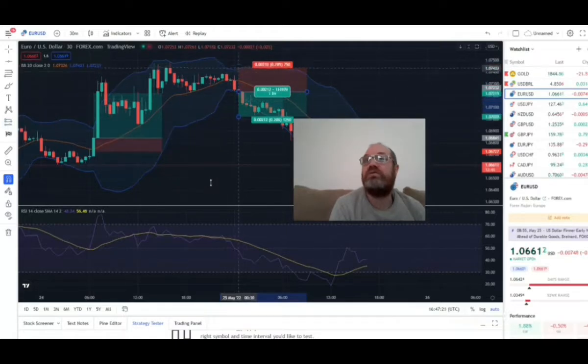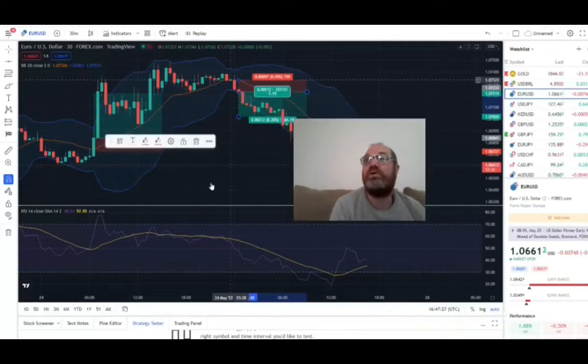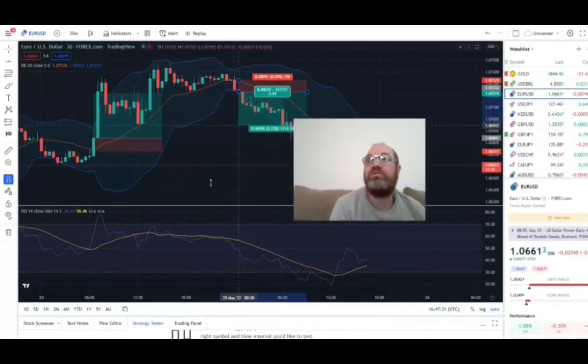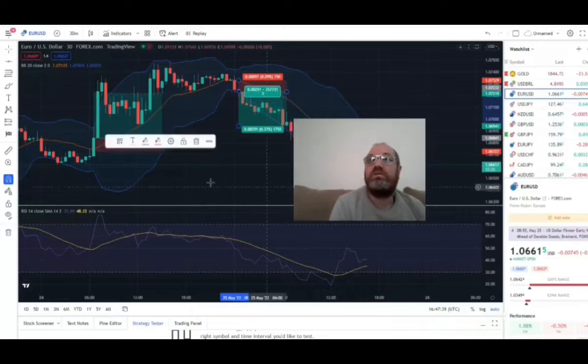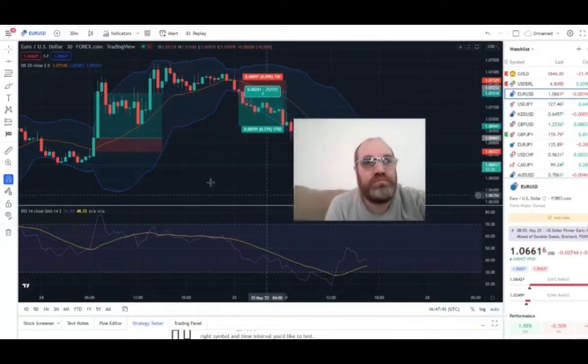We set stop loss right, let's see, right above the brown line. We do 3 times, more or less there we are 3 times, and it's a take profit. Then we need to wait.